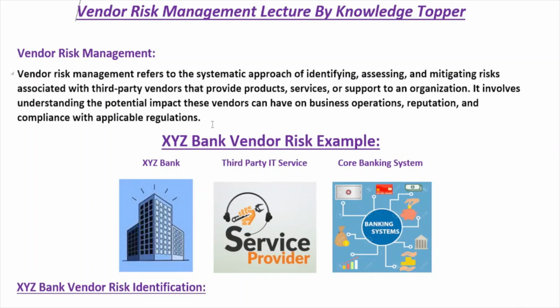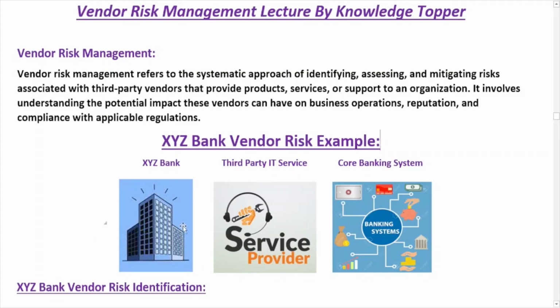Basically, in an increasingly interconnected business environment nowadays, organizations rely heavily on numerous vendors to support their operations. However, this reliance introduces potential risk to the organization that must be effectively managed to safeguard organizational resilience.